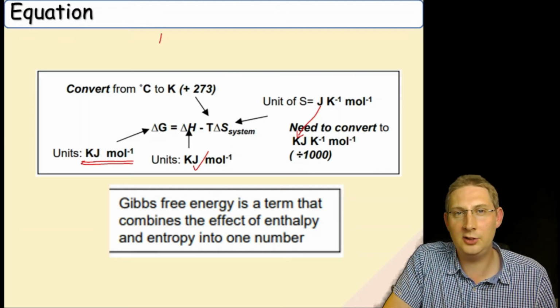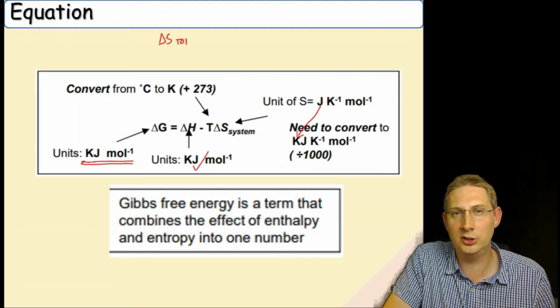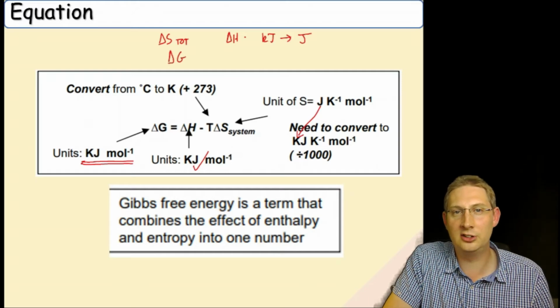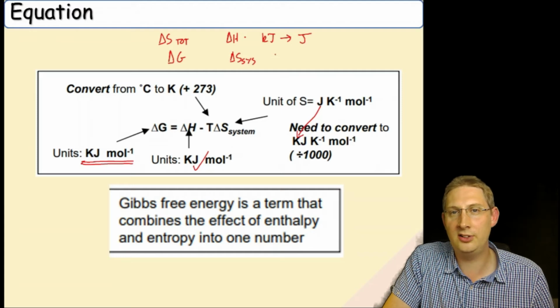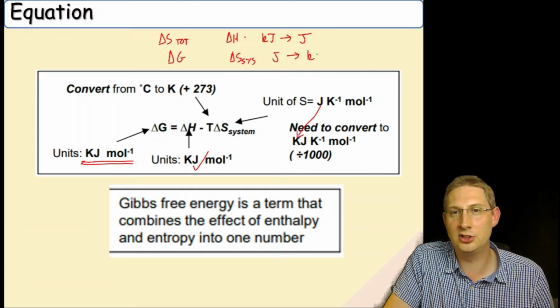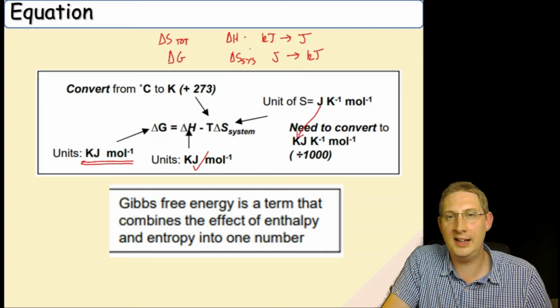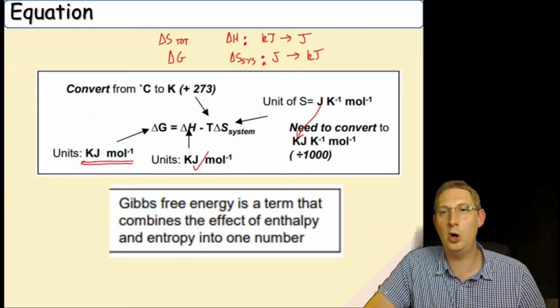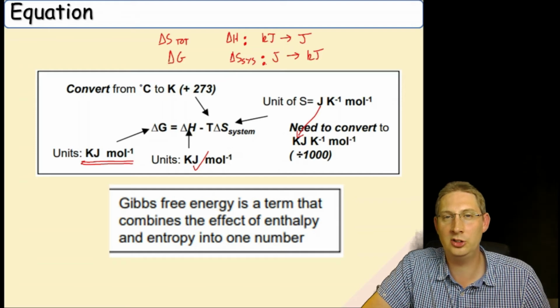In other words, if you're trying to calculate deltaS total, you need to convert deltaH from kilojoules to joules. But if you're calculating delta G, you need to take deltaS system and change that from joules to kilojoules. Catches loads of students out, but you've just got to be careful what units you're working in and what units you're working to.